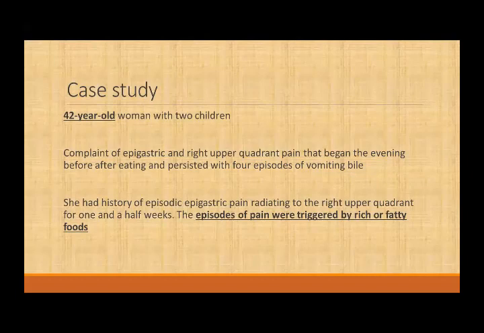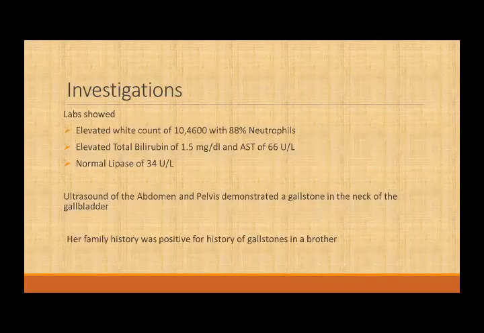So the differential here is quite obvious: you may have gallbladder disease, or peptic ulcer disease, as duodenal ulcers can present with the same type of picture. Pancreatitis remains in the differential. Investigations showed the white cell count was raised with 88% neutrophils, showing that some infective process is going on.